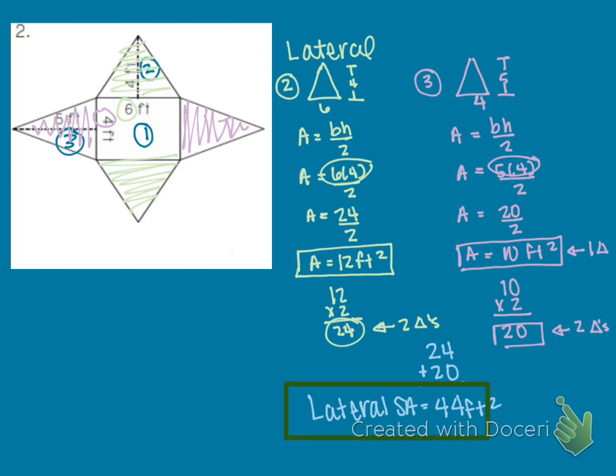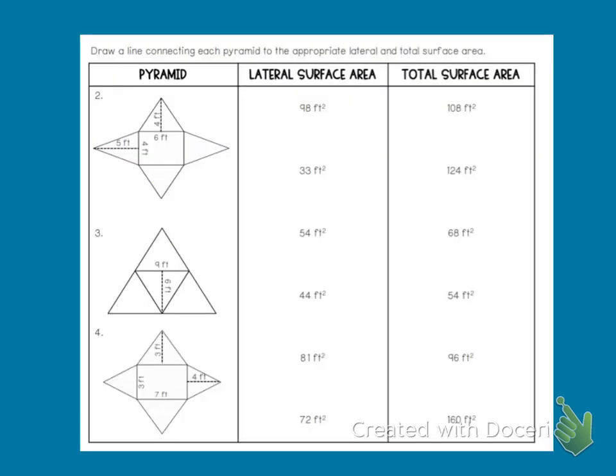Bam, done with that part. Okay, so then you would go over to this part right here, and it says the pyramid is 44 for lateral. So for this pyramid, I'm just going to put a 2 here. So we know that this belongs with the 2, right?